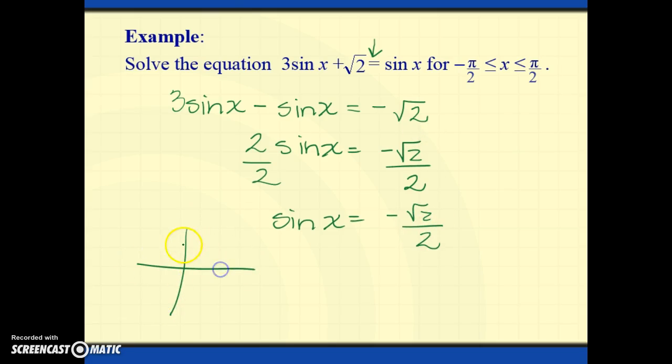If I go back to my unit circle, a negative y value is going to happen below the x-axis. Those are the two values where your y coordinate would be negative. This is 5 pi over 4, so x is 5 pi over 4, or x is 7 pi over 4.